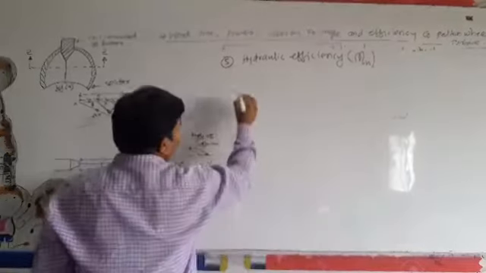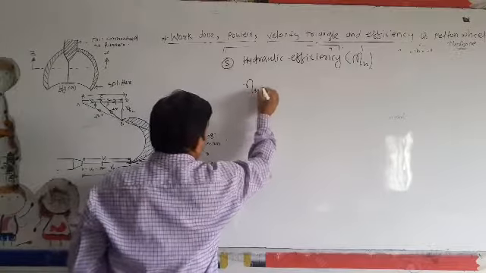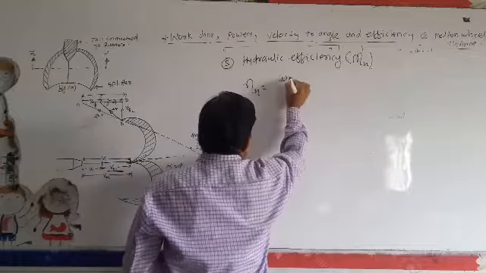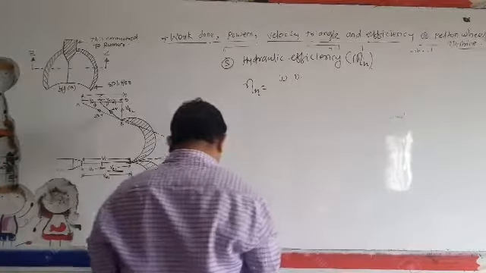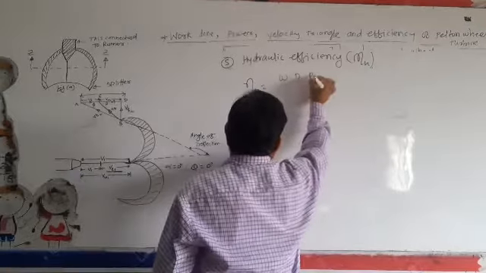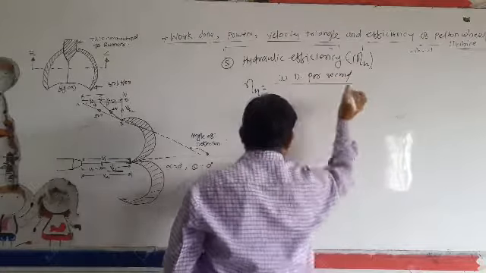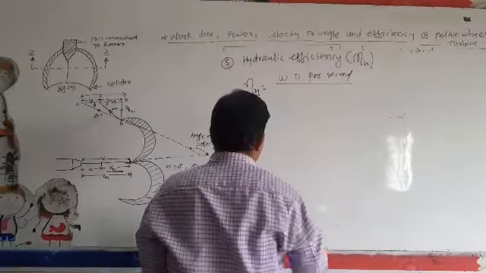Hydraulic efficiency is equal to work done per second divided by the kinetic energy of the jet.